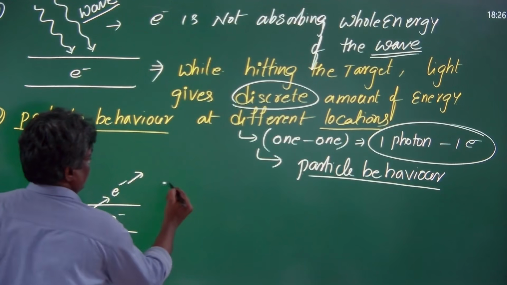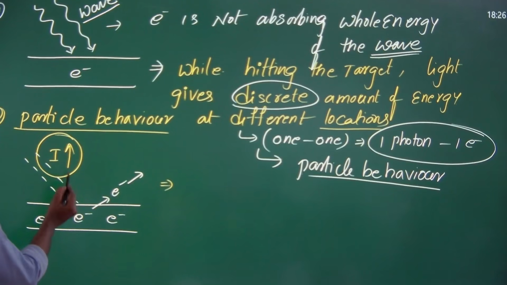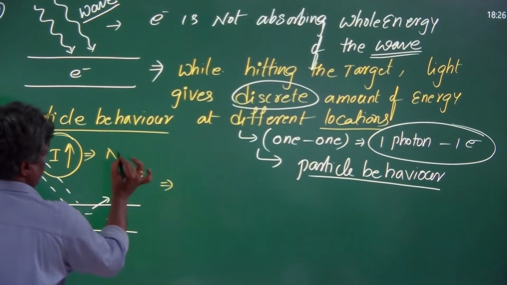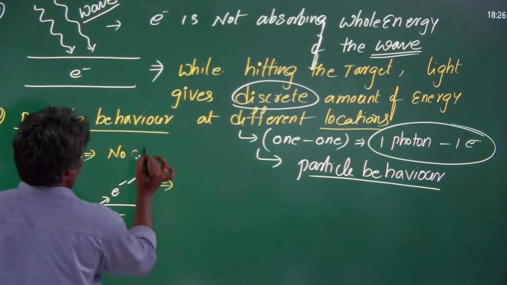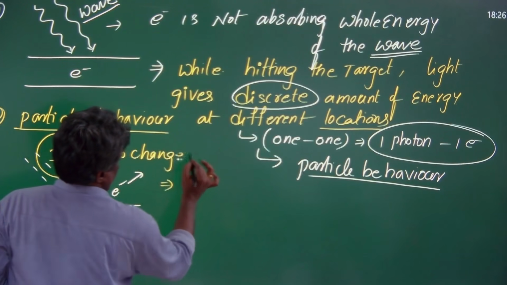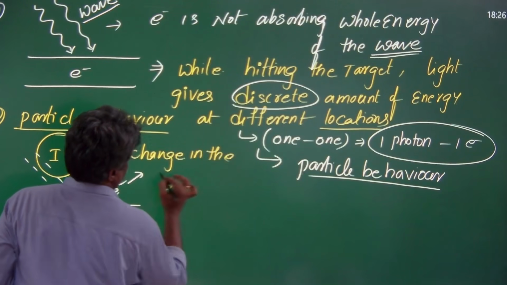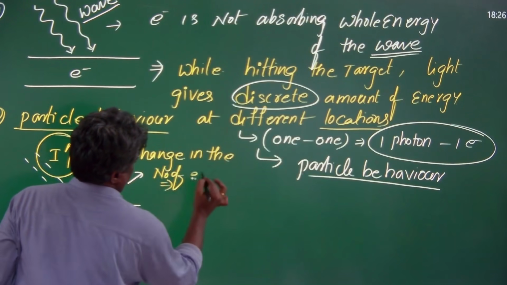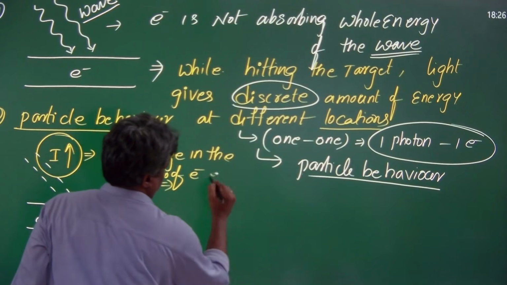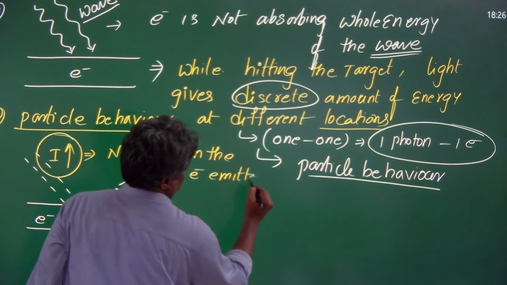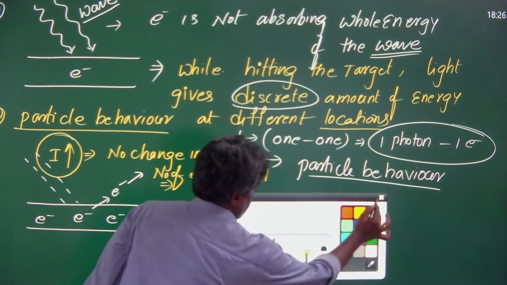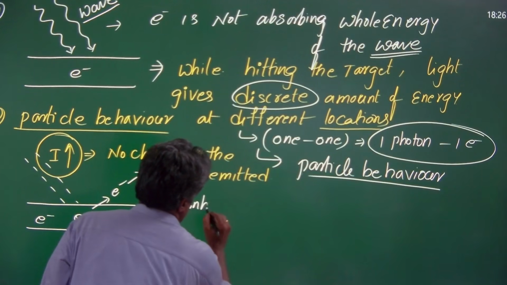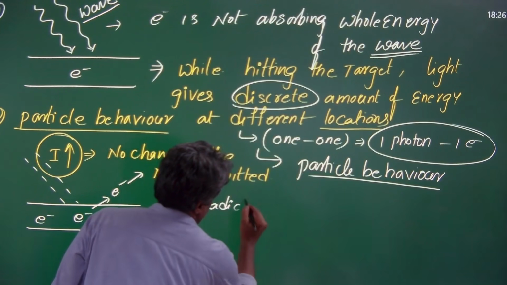Wait a minute. So if you increase the intensity, no change in the number of electrons emitted. But a contradiction again. What is the contradiction?